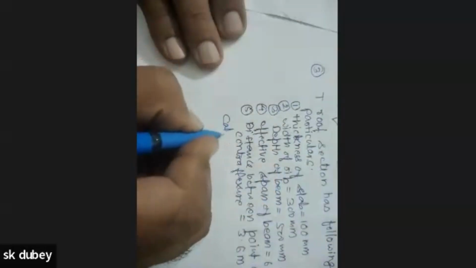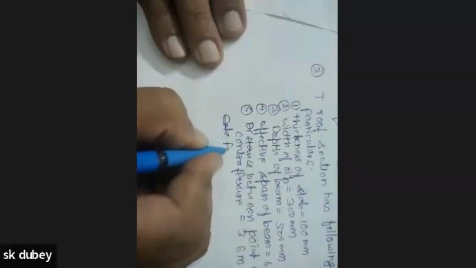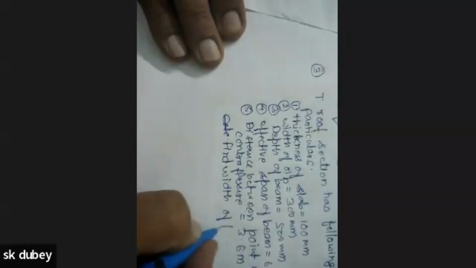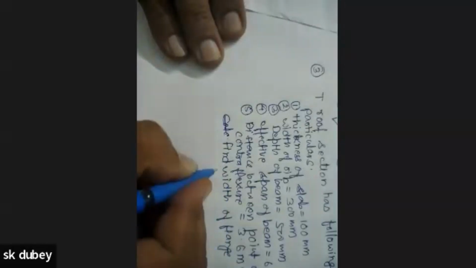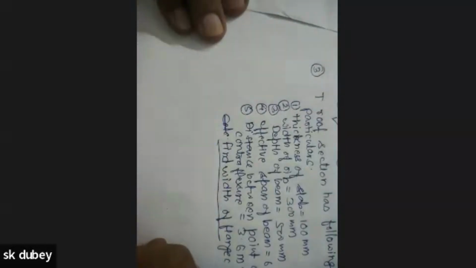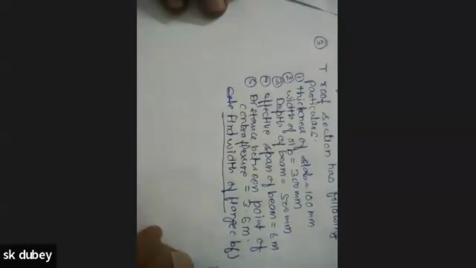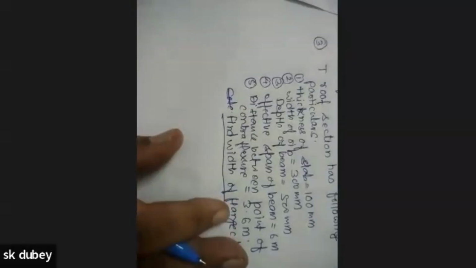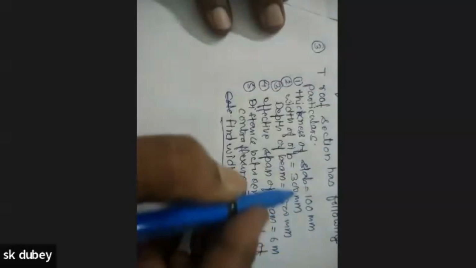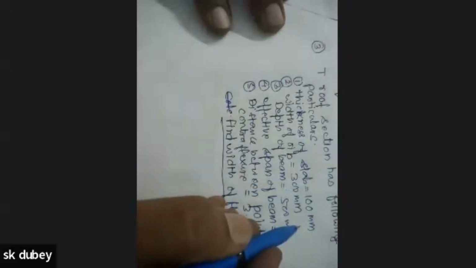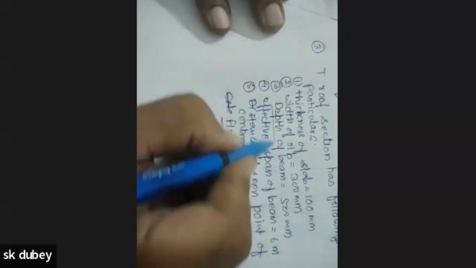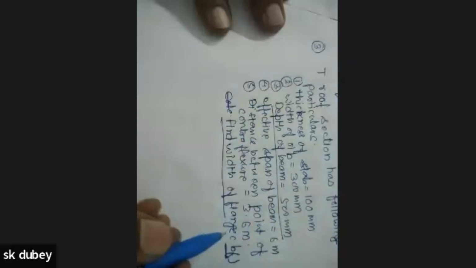Calculate or find the width of flange. We have to find out bf, the width of flange. They have not given the bf notation, but I am mentioning it here. So now you see here, they had given thickness of slab, width of rib, that is bw, then depth of beam. Here nothing to do with this data. They had given it for bluffing.